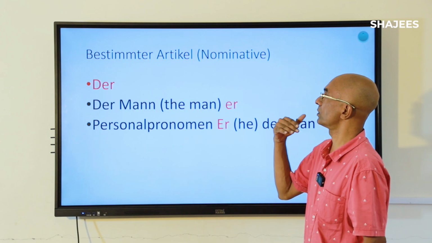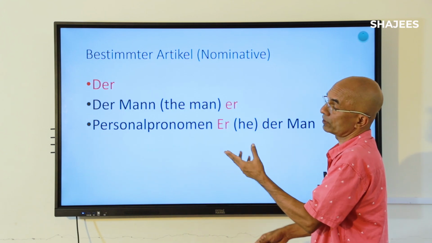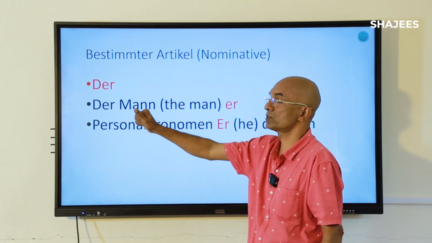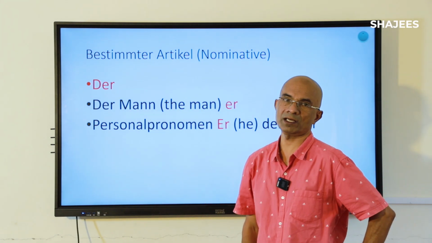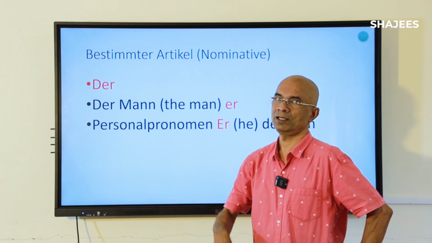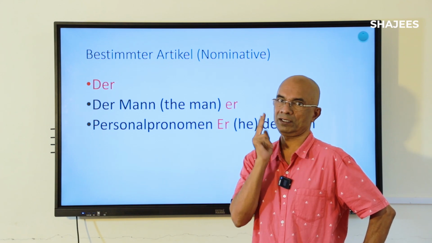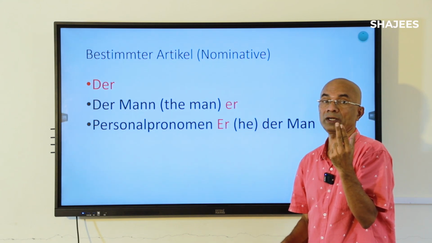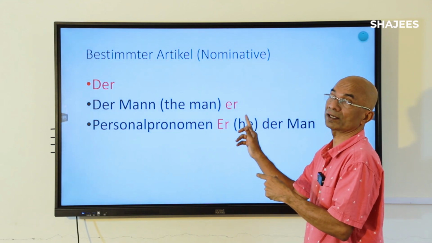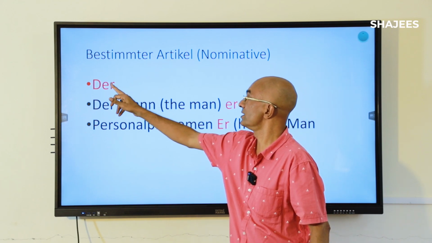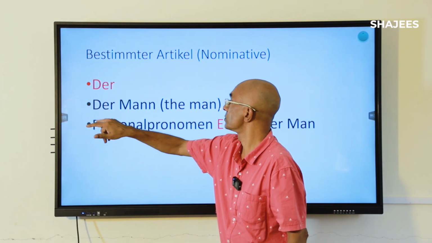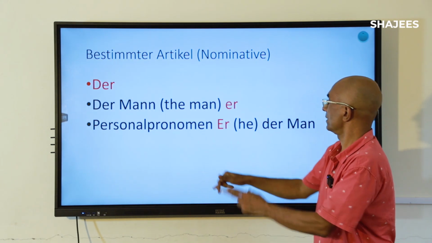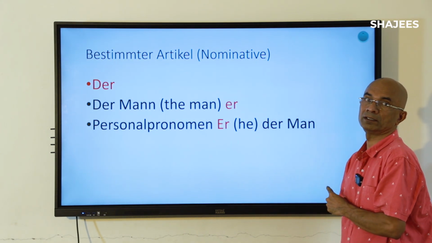The next one: if you want to explain in detail again, der means masculine. Then we have er here. Er, that is he, that's masculine. So der, er. We just put er with the D. So der Mann, the man. Then personal pronoun er, he, the man.